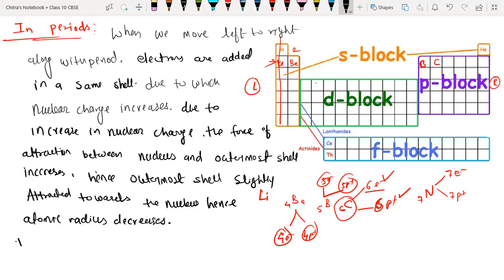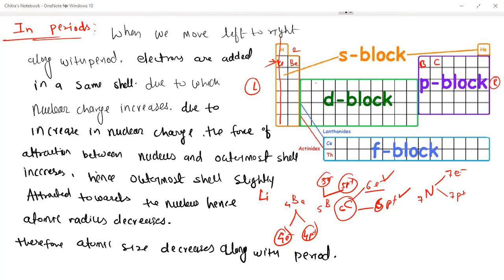Therefore, atomic size decreases along the period. Understood, everyone? Yes, sir.